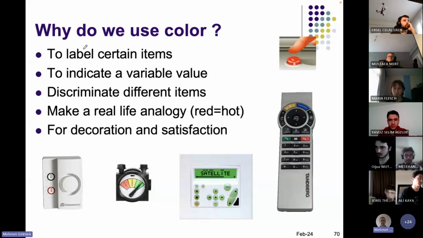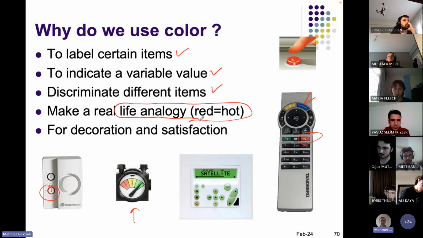So let's go back to the reasons that we use color: to label items, to indicate the variable value, to discriminate different items, to make a real life analogy, like red is associated with hot, blue is associated with cold.